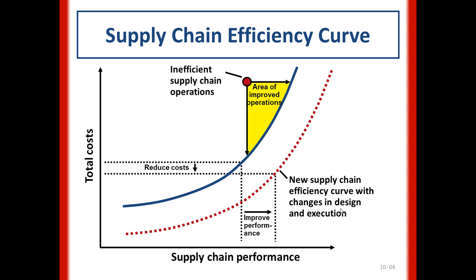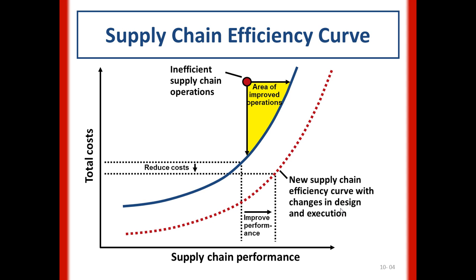Looking at the curve, you might see that in order to achieve supply chain performance, total cost has to be increased. When the total cost reduces, supply chain performance will be reduced.